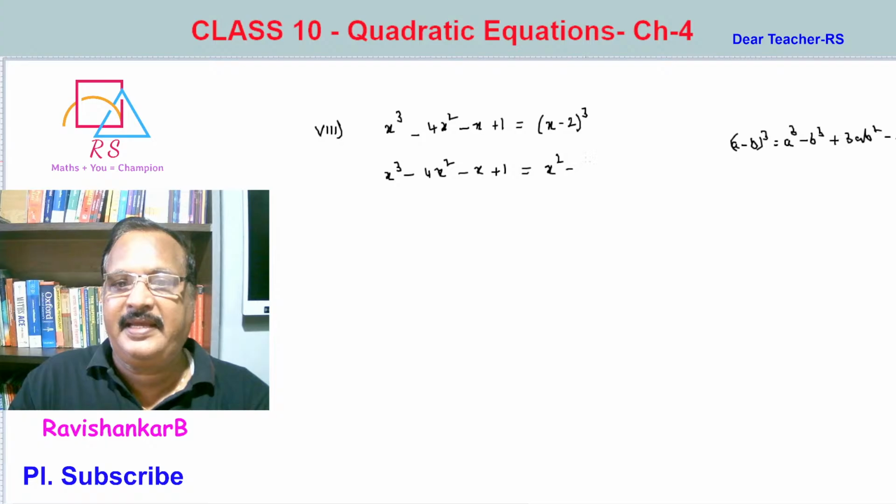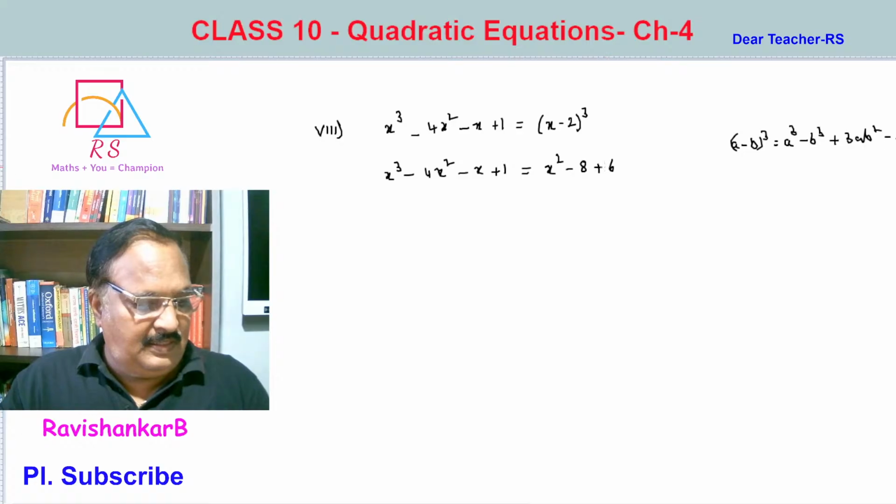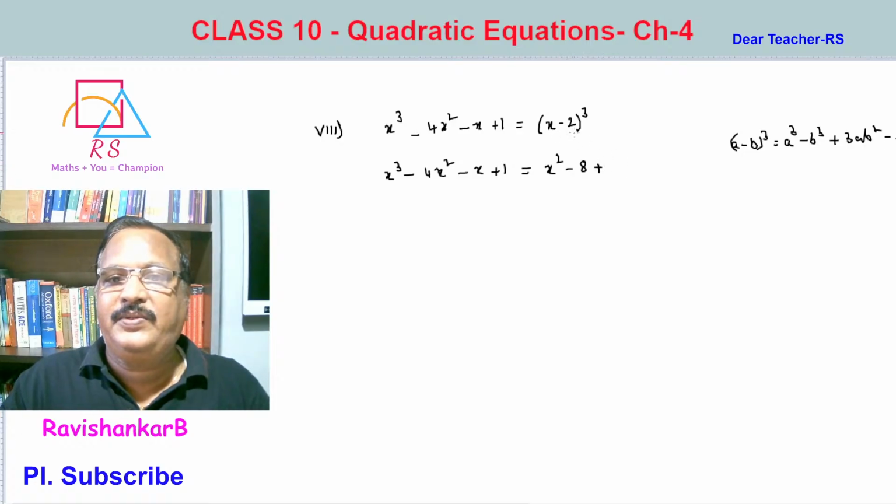(a minus b) whole cube: x cube, a cube minus b cube, 2 cube means 8, plus 3a square b, 3x square into 2, 6x square, and minus 3ab square, sorry, I have written wrong. 3 into x into b square is 4, 12x, minus 3a square b.